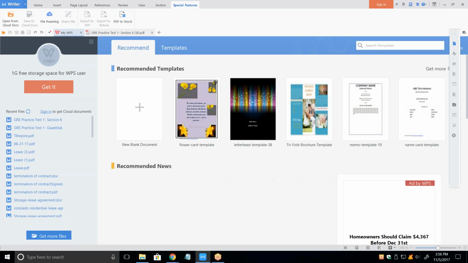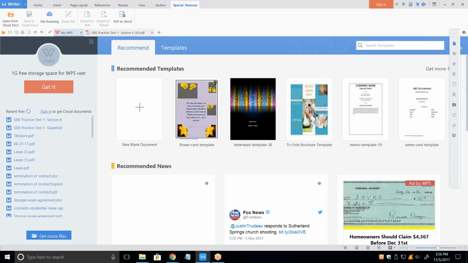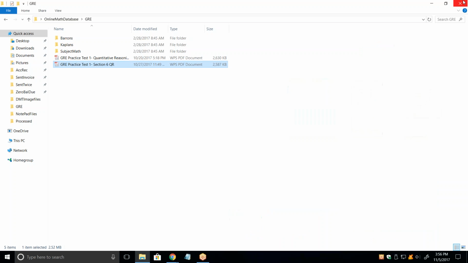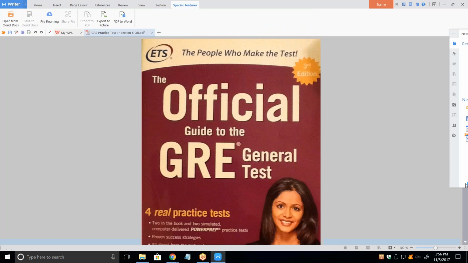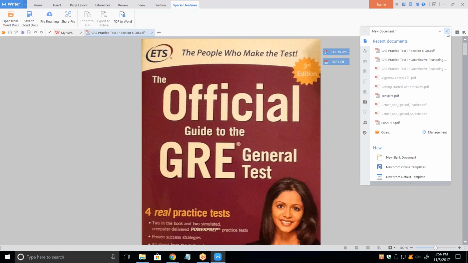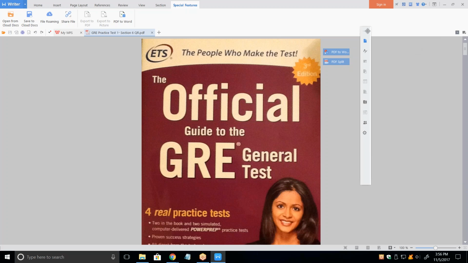Something happened, all right. Not what I wanted to happen. Hold on a second, let me reopen it. All right, we can figure this out real quick here. This program I use to read these PDF files is a little flaky sometimes.